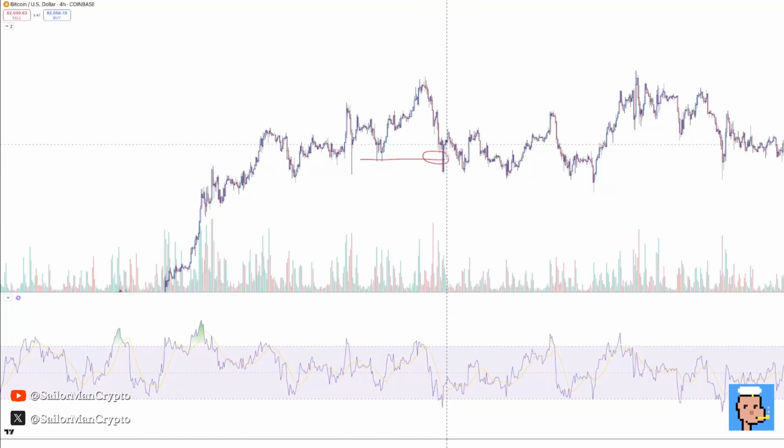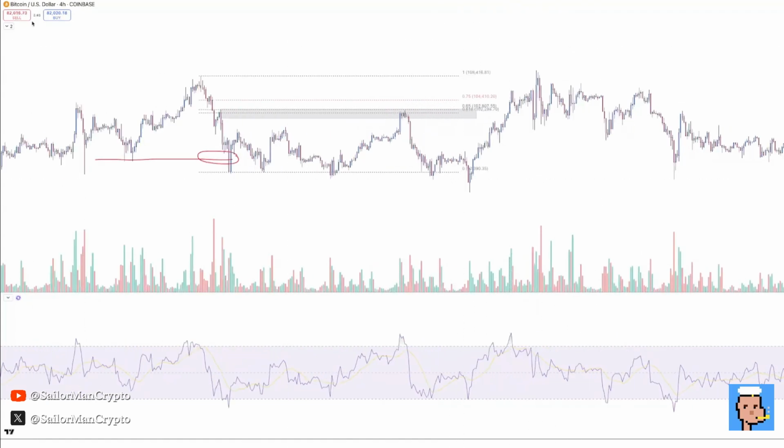Since we break the structure, we have multiple choices of entering the trade. If we stick to Fibonacci and supply, the supply of this last move was this. So it's the last green candle before, let me zoom in.